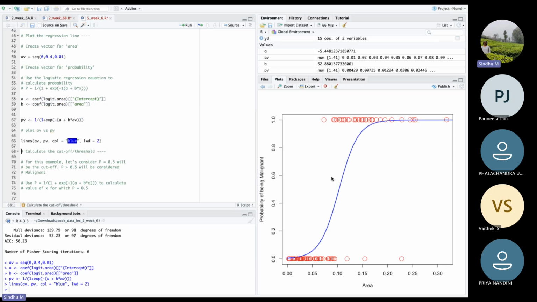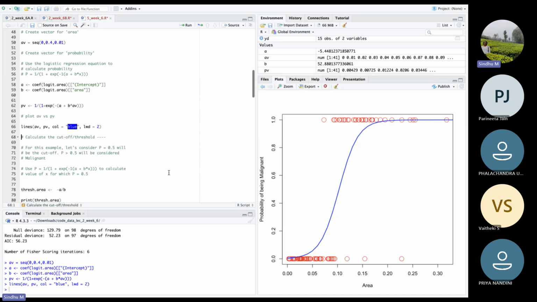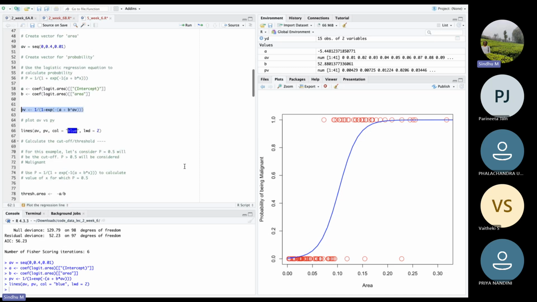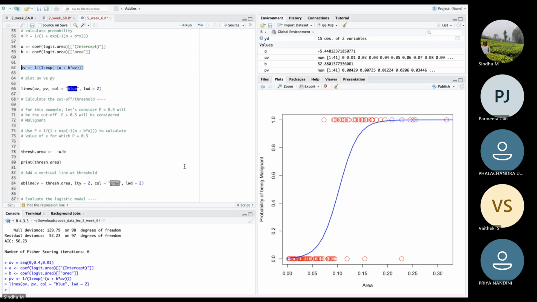As you can see, we have got a sigmoid curve because basically we have plotted a sigmoid function. And now we have to find a cutoff, such that if it is above this, then the probability is that it is malignant, but if it is below this, then it is not malignant.